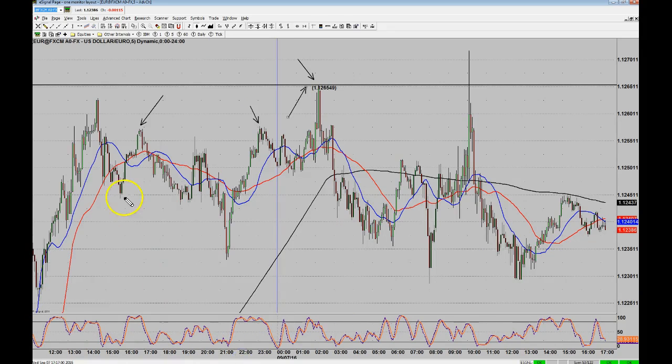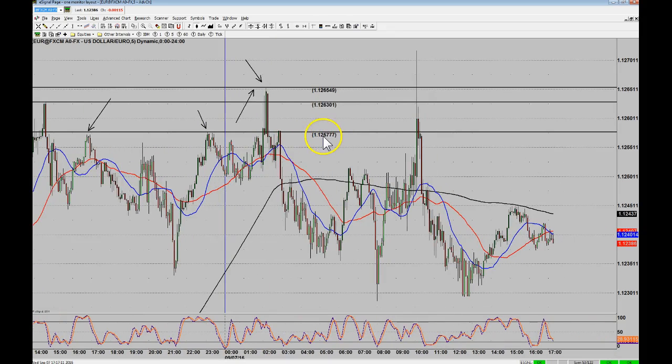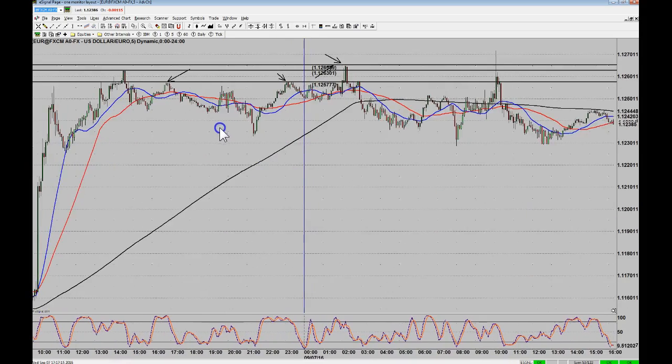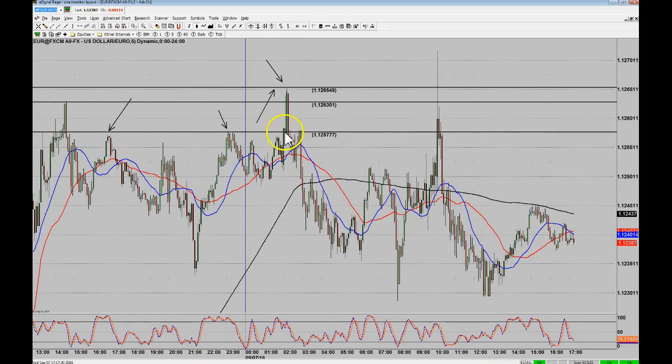How much did that stop run go? Let's count it. It was 112.58, basically, with another layer at approximately 112.63. So we went from 112.58 to 112.65. That wasn't even 10 pips. There's your 10 pip stop run.